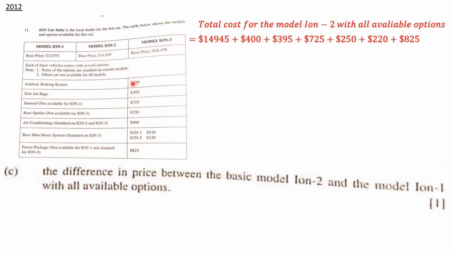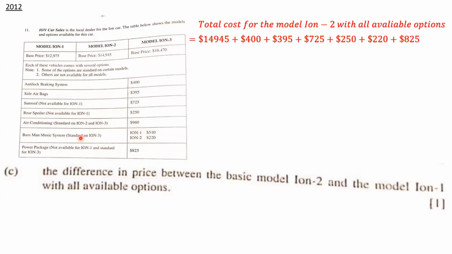$400 for the anti-locking system. $395 for the airbags. The sunroof is $725, and yes, this is available for Ion 2. $250 for the rear spoiler, we need that.